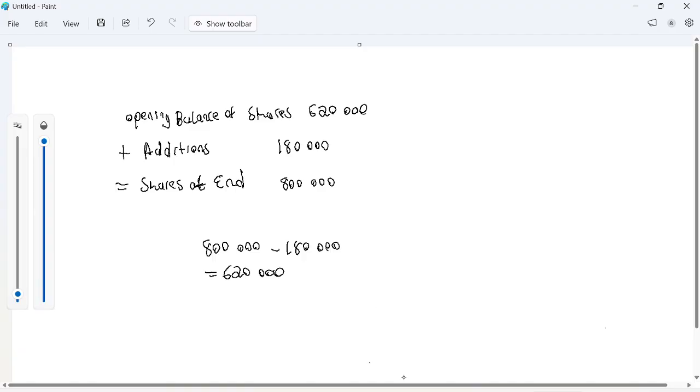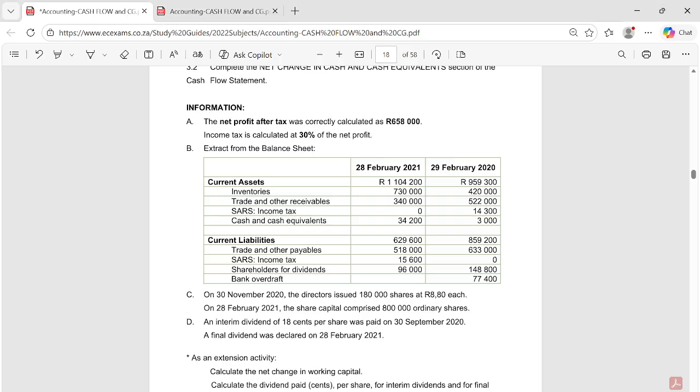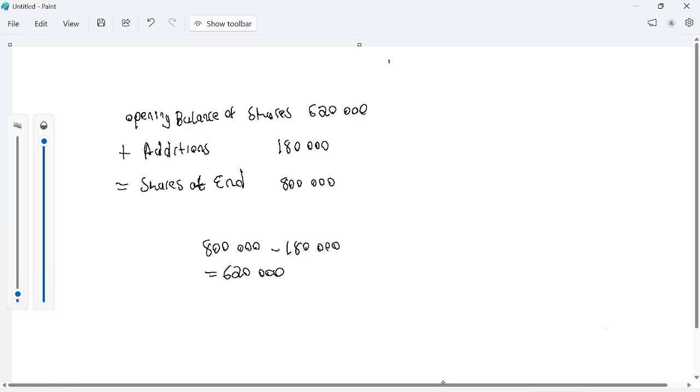When did they pay their interim dividend? Let's see when they paid the interim dividend. Our interim dividend was paid on 30 September 2020, right? And then let's draw a timeline here. Our timeline is going to look like this.